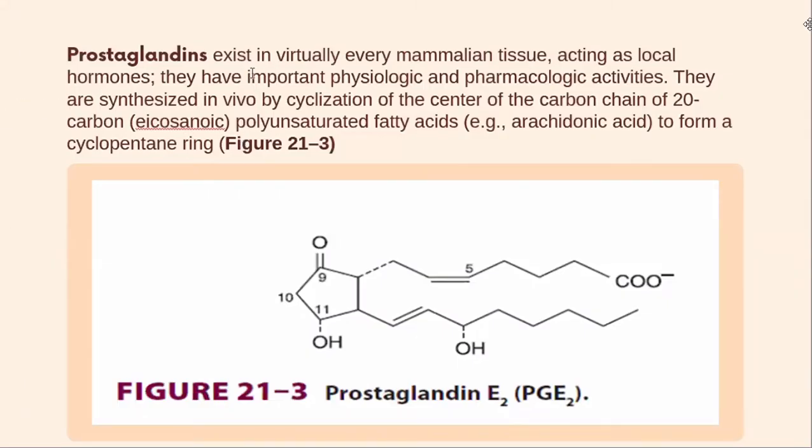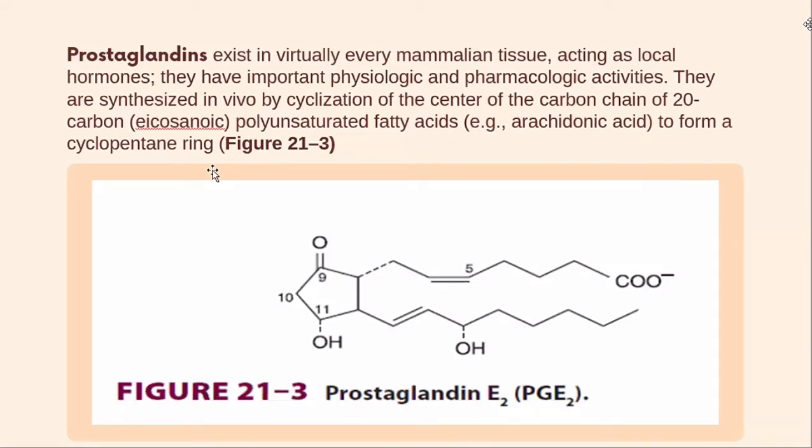Prostaglandins exist in virtually every mammalian tissue, acting as local hormones. They have important physiologic and pharmacologic activities, and they are synthesized in vivo by cyclization of the center of the carbon chain of 20-carbon eicosanoic polyunsaturated fatty acids. An example of this is arachidonic acid, forming a cyclopentane ring.